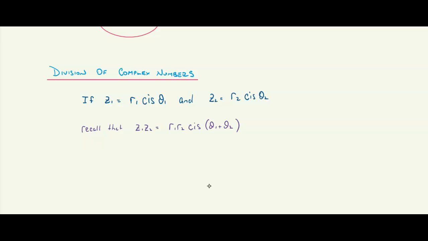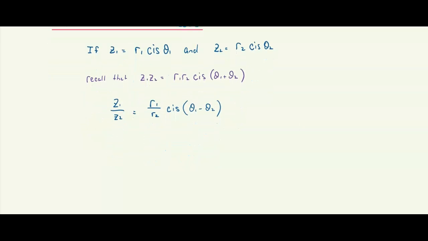For division, we have the result Z1 over Z2. No surprises, it's equal to R1 over R2, so divide your moduli, cis, and I'm sure you'll guess it, theta 1 minus theta 2. So we add for multiplication, subtract for division, as we do with so many elements of mathematics. That's completely consistent.